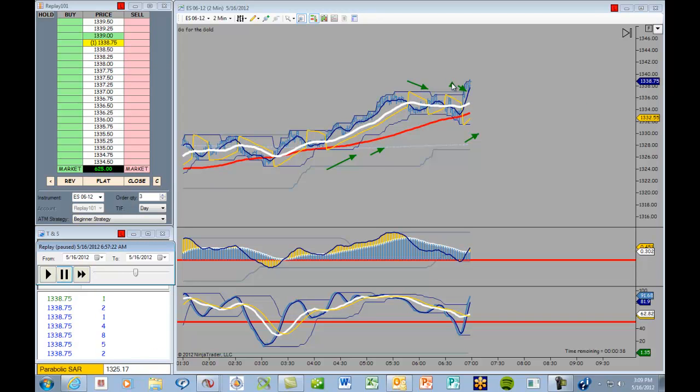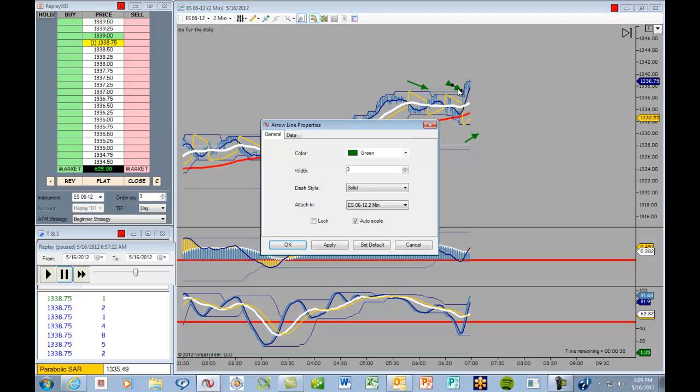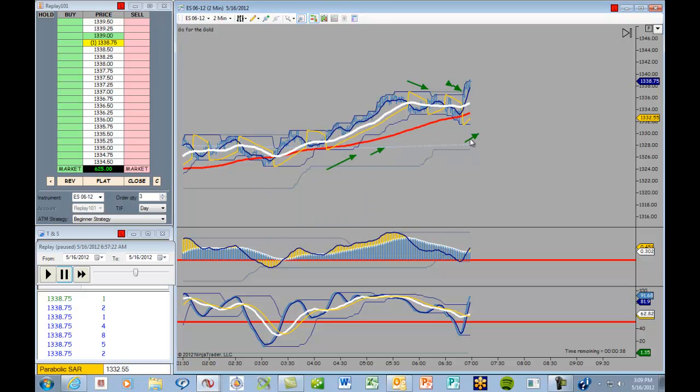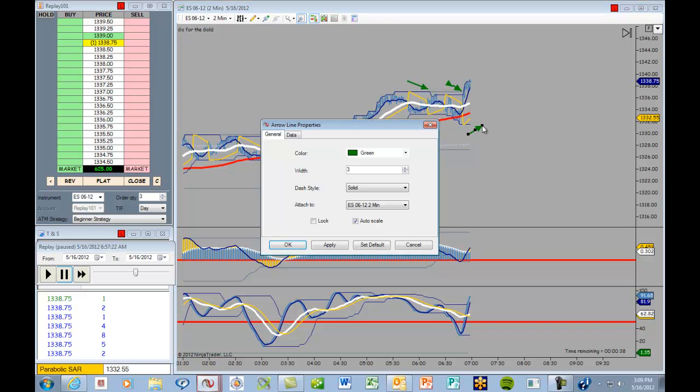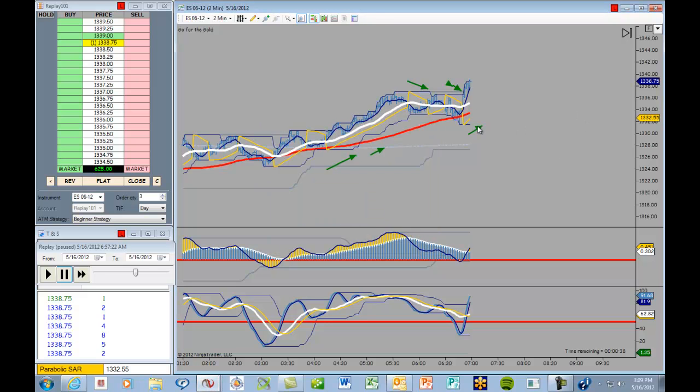All right, let's take the opportunity to make these arrows a little more readable. There we go.